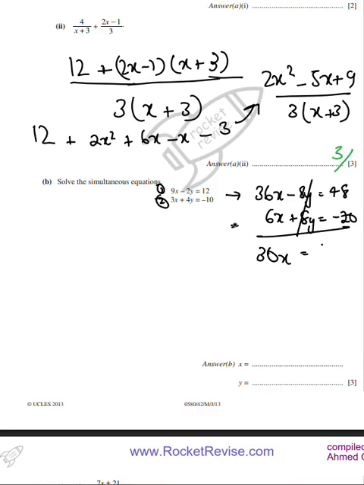If we, instead of using a negative sign, let's use a positive sign. Let's add both of these equations to each other, right? 42x equals 28 because 48 plus minus 20 will become 28. 42x equals 28.